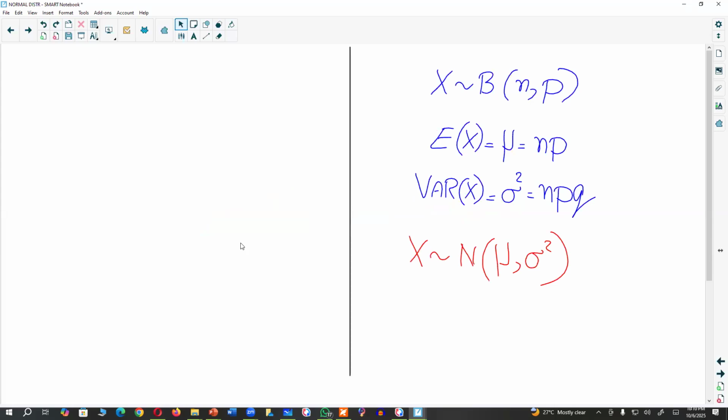Now just a reminder, x is distributed binomially n comma p. E(X) is equal to np in this chapter, and variance sigma square is npq. So x is distributed normally mu comma sigma square.